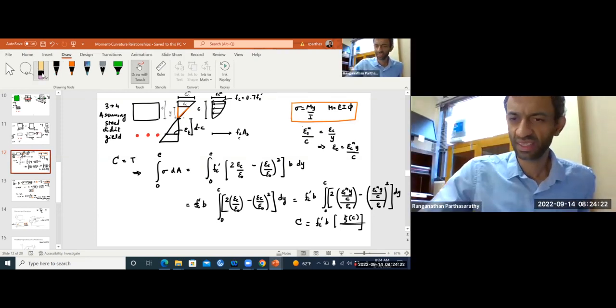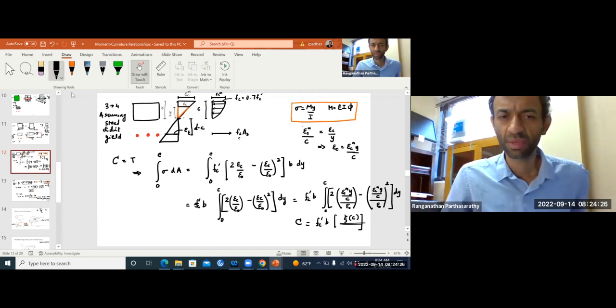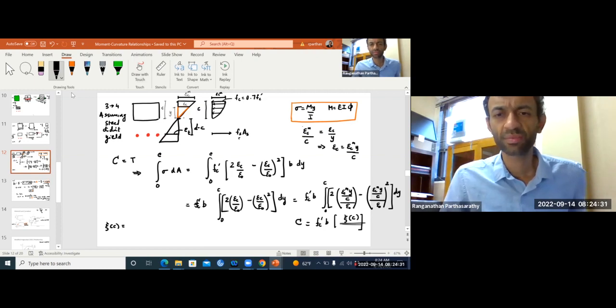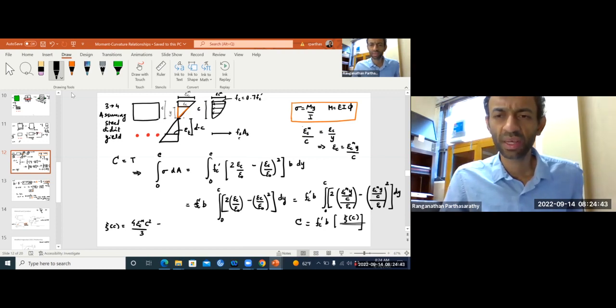It's just some function of C. Maybe the squiggle of C could be something like 4 times epsilon Cm C square over 3 minus something epsilon Cm square over C cube.